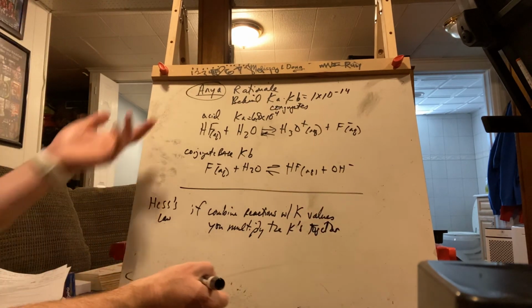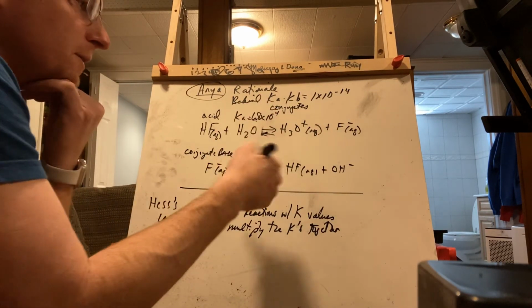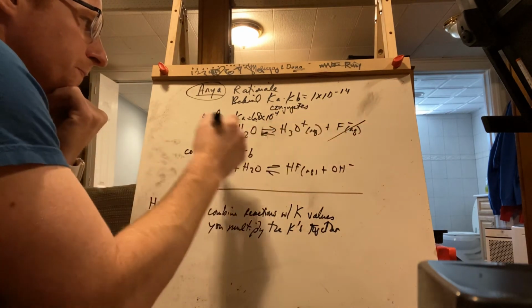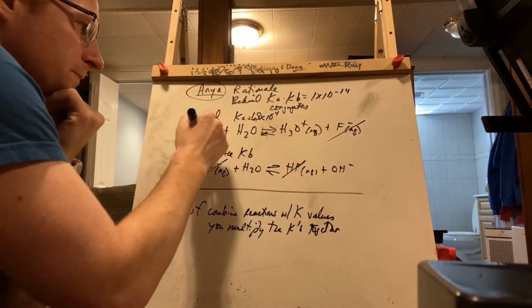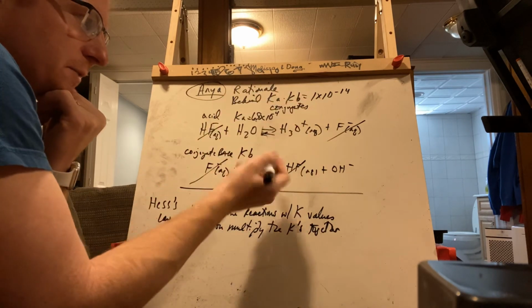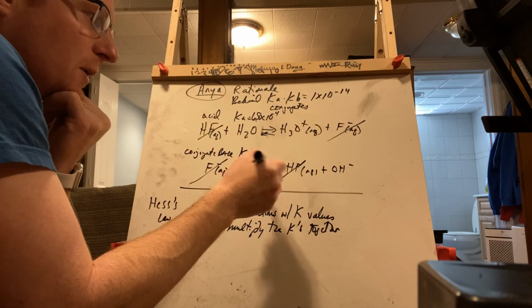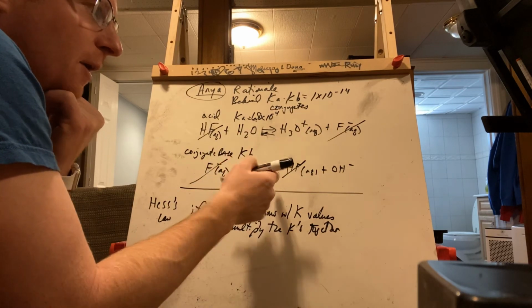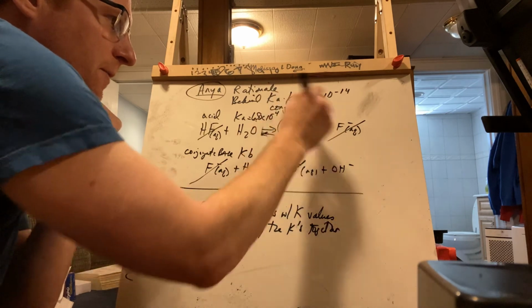So if I did that, if I said, all right, well, I'm going to add these two reactions together, look what cancels. H2O, you don't really care because it's a liquid. So I'll just leave it there, but it doesn't really matter. Look what's left.